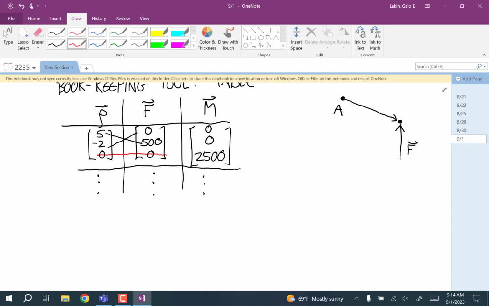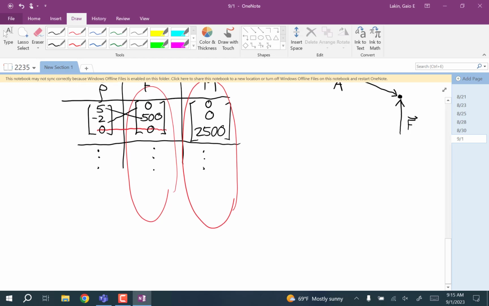And once you're done filling out this table, add these all up, and those are all your forces for Newton's second law, and add these all up, and these are all your moments for the moment equation. Okay, so it's just a nice way to have everything right in front of you. If you find an error, you have all the information you need to go back and correct it. I think you'll find that that works nicely.